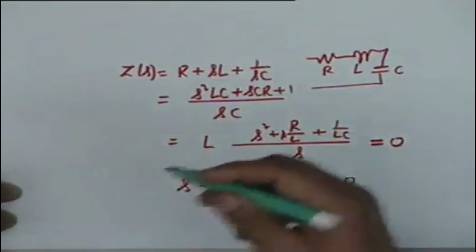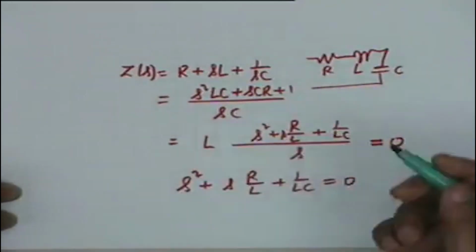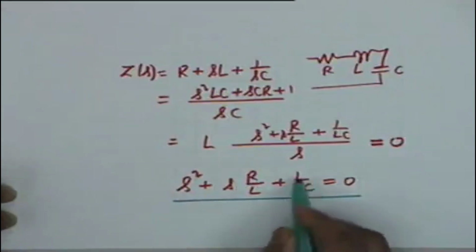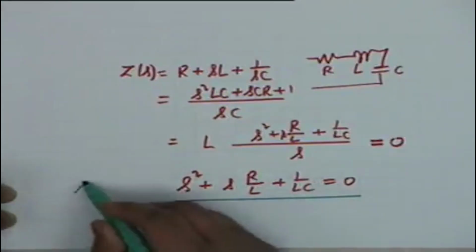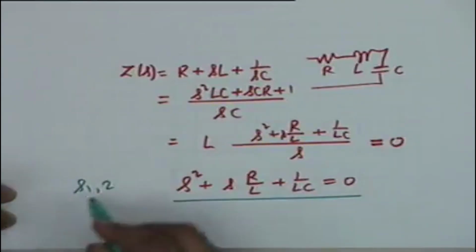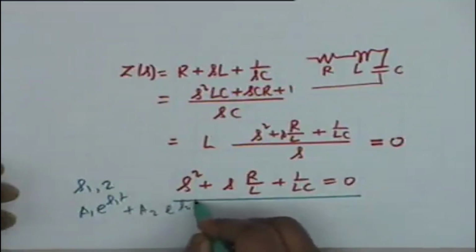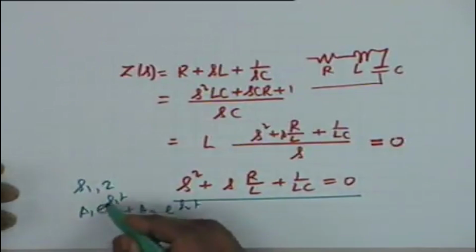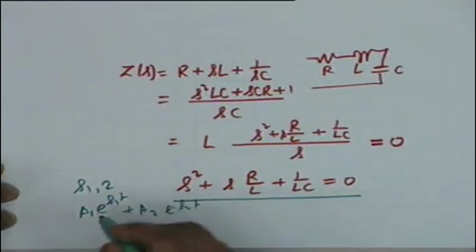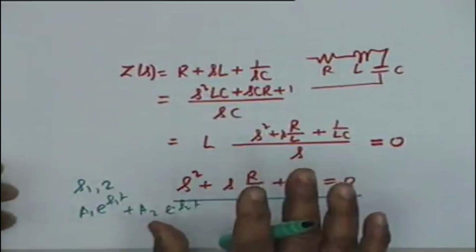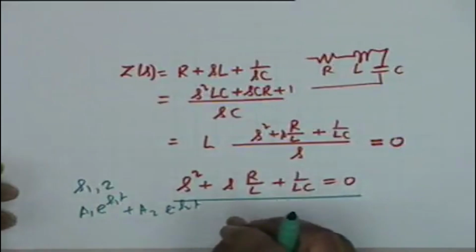If you write the differential equation and try a solution of e to the st, this is what we had got earlier, and it is the roots of this, S1 and S2, in terms of which we express the natural response as A1 e to the S1t plus A2 e to the S2t. Agreed? So S1 and S2 are indeed the natural frequencies of the current response. This simple example demonstrates that what we are saying is correct.